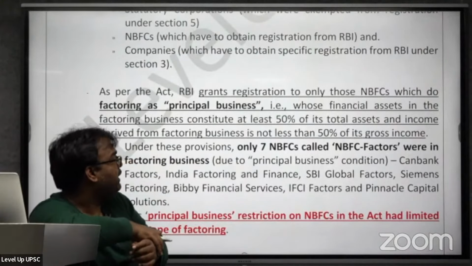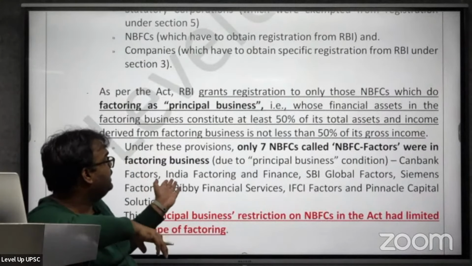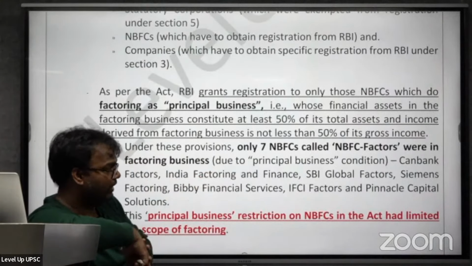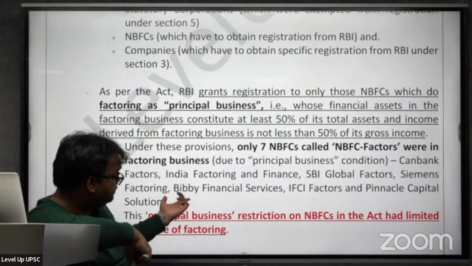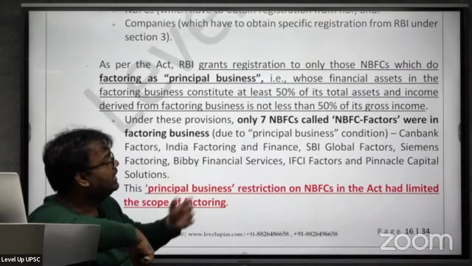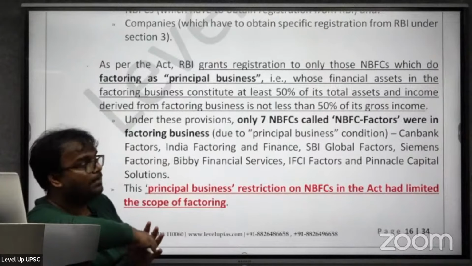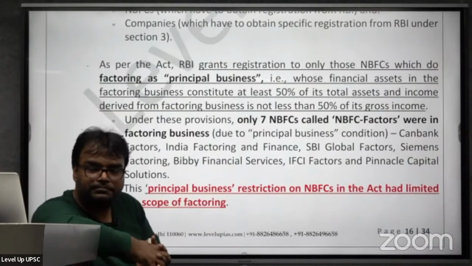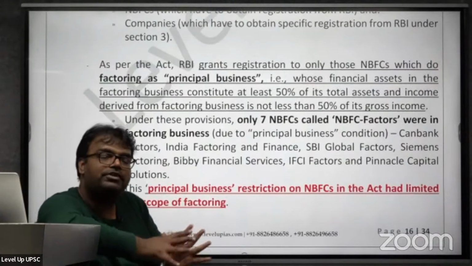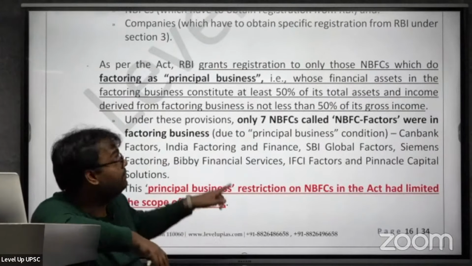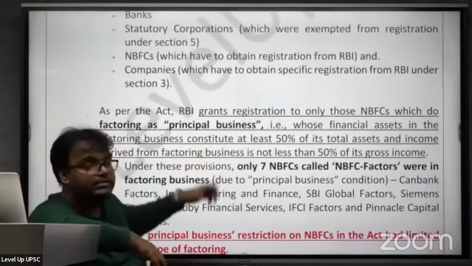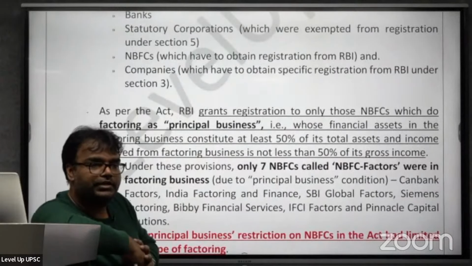They're called NBFC factors: Can Bank Factors, India Factoring and Finance, SBI Global Factors, Siemens Factoring, BB Financial Services, IFCI Factors, and Pinnacle Capital Solutions. They are primary factors, principal businesses which are dealing in factoring only.